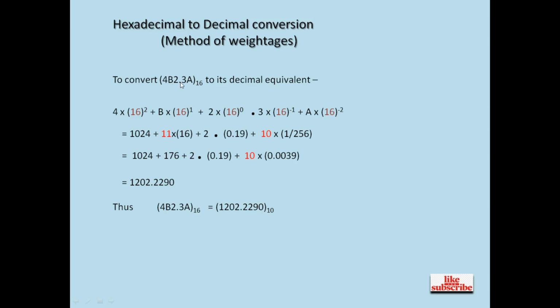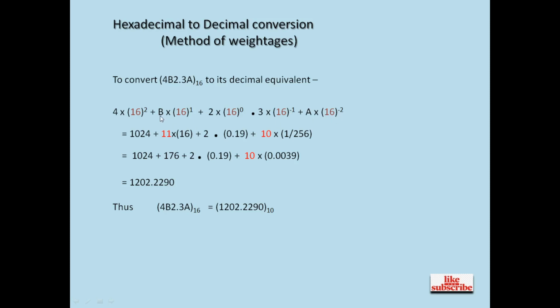This is the hexadecimal point, and the digit which is near this hexadecimal point will be multiplied by the power of radix. 16 is the radix, 16 raised to 0. Next, B into 16 raised to 1. Next, 4 into 16 raised to 2. So powers are incremented: 0, 1, 2. If there is one more digit beyond 4, it will be multiplied by 16 raised to 3. This is for the integer part, and for the fraction part, this 3 is multiplied by 16 raised to minus 1, and this A is multiplied by 16 raised to minus 2.